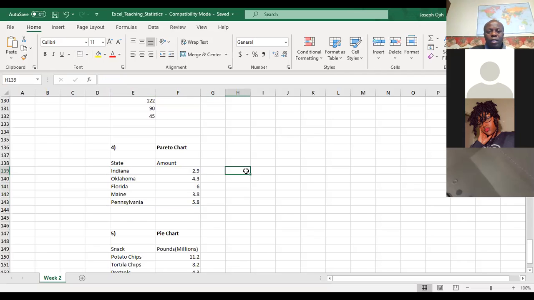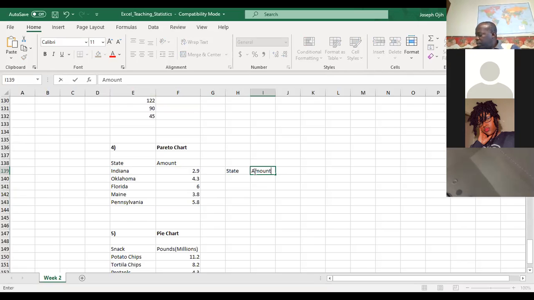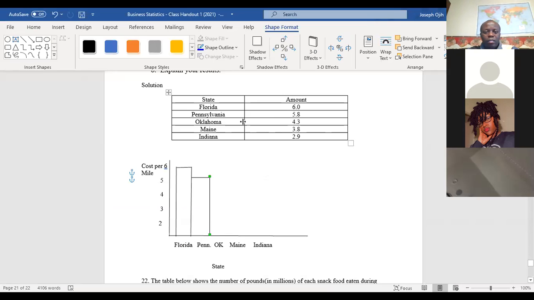So I'm going to have the states, and then the amounts. The largest, according to what we have in our previous paper, you can see the largest is Florida.